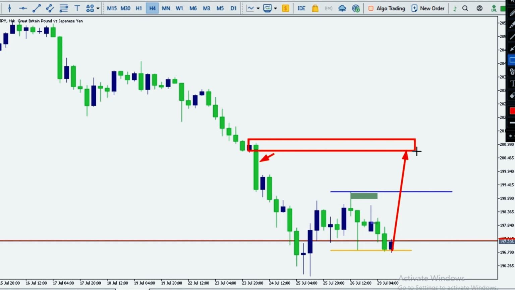This order block is the one that caused inefficiency of this candle, and that's very dangerous to sell in this market. So this candle was caused by this order block.